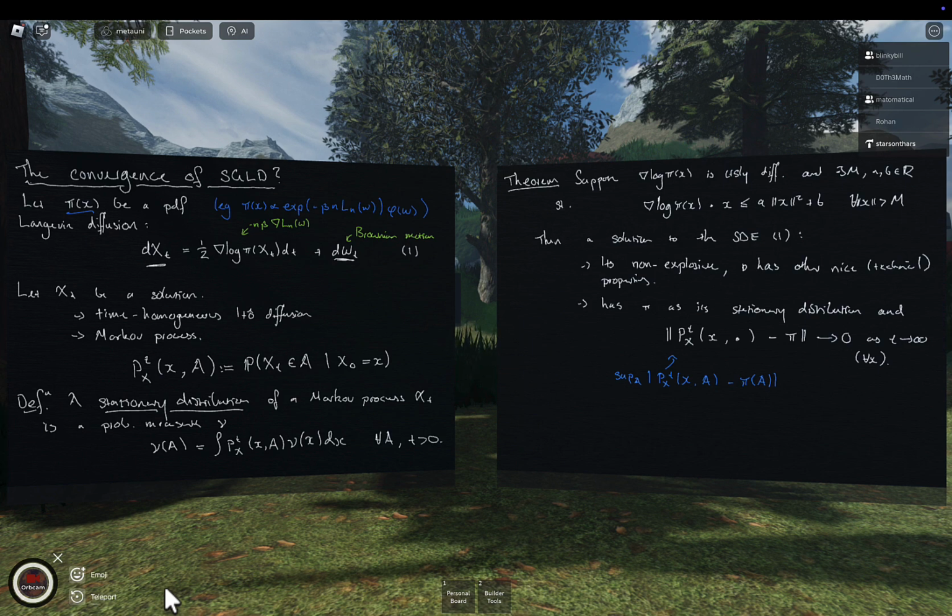And this is, from what I gather, the result that people observed and thought, well, maybe we can use this idea for sampling.